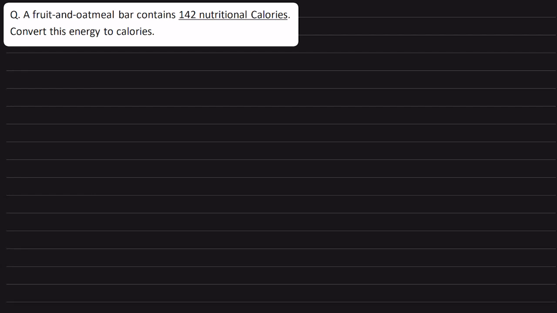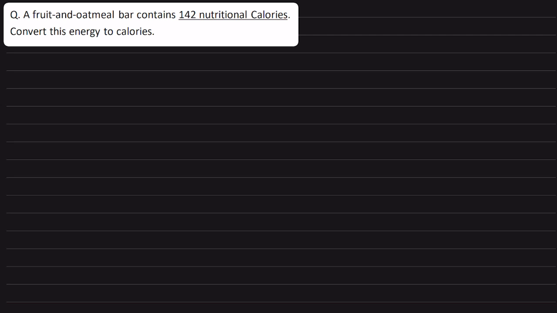Now we will solve one textual question. A fruit oatmeal bar contains 142 nutritional calories. Convert this energy to cal.